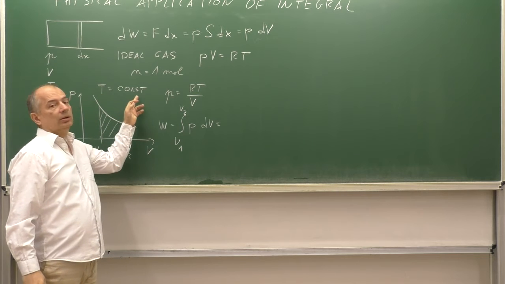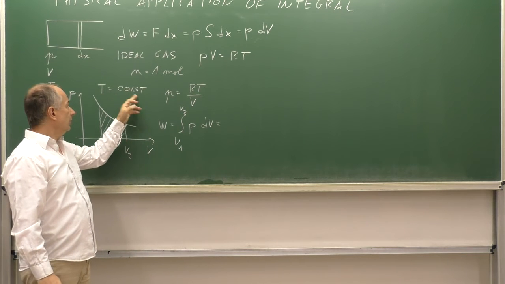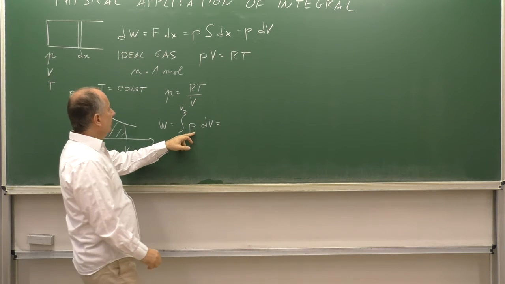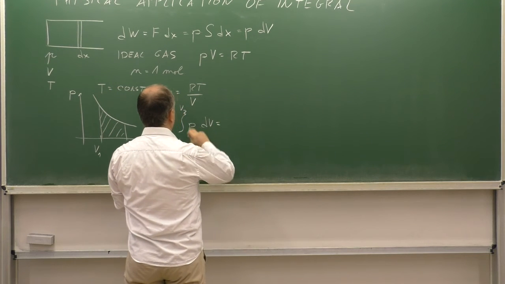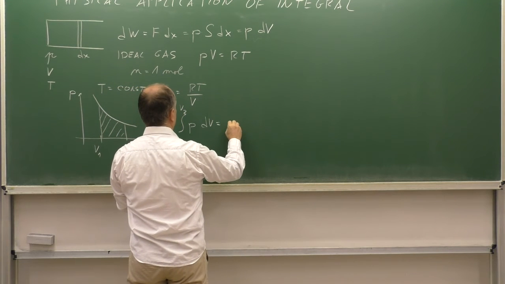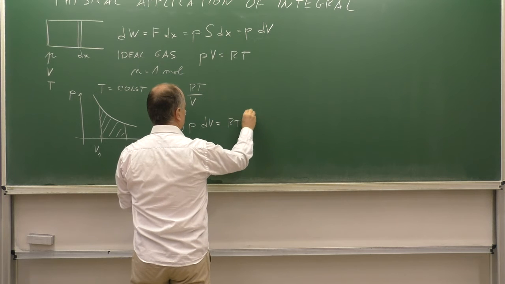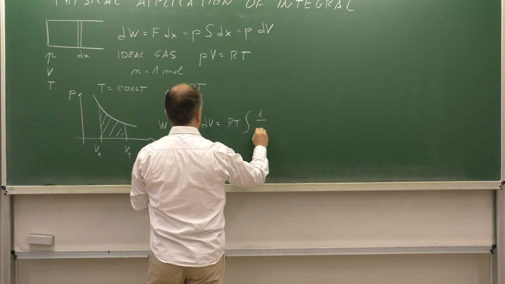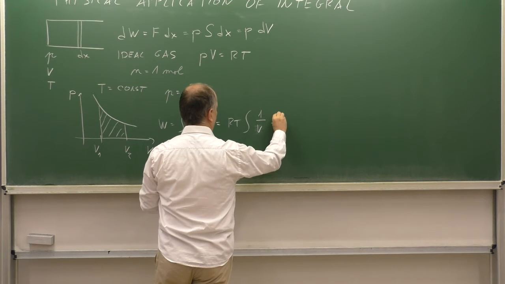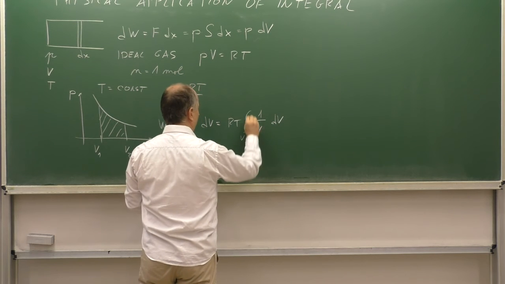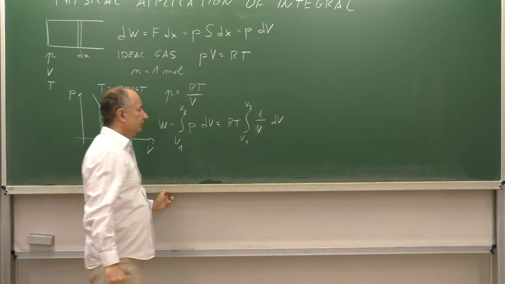And when we consider the isothermal process, when T is constant, then P is RT divided by V, and we can factor out RT, and we have the integral of 1 over V dV from V1 to V2.